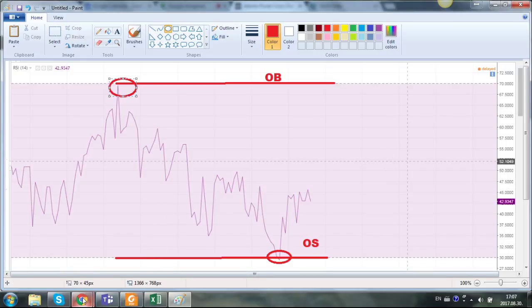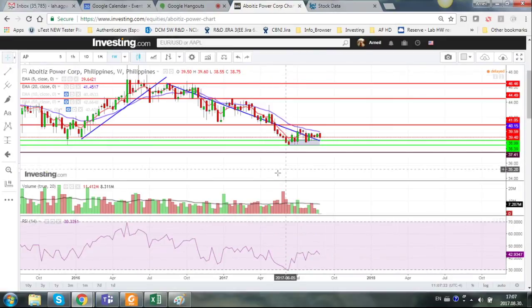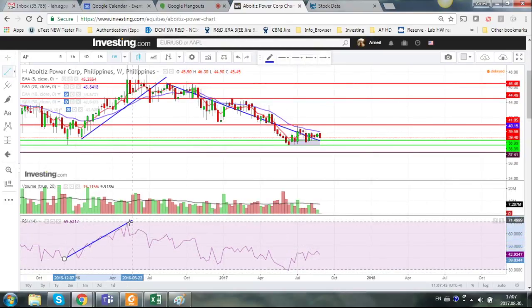So, balik tayo dito sa chart. Tingnan mo. At this level, diba dito na? Dito yun. So, dyan nag-umpisa naman yung selling. Kaya yun, RSI bumaba. Nag-downtrend na. So, uptrend, you can consider it in this way. RSI level going up and running out of gas at this point.